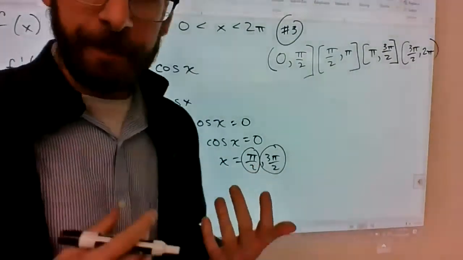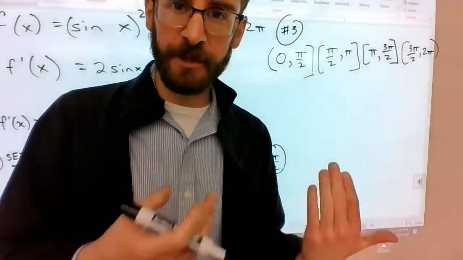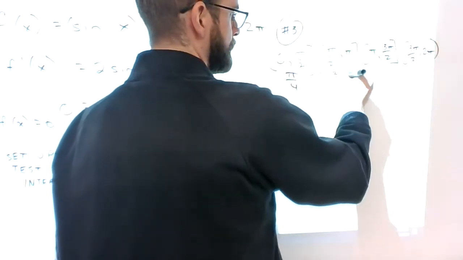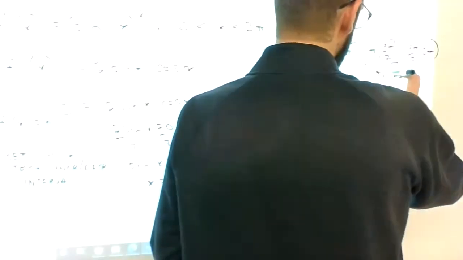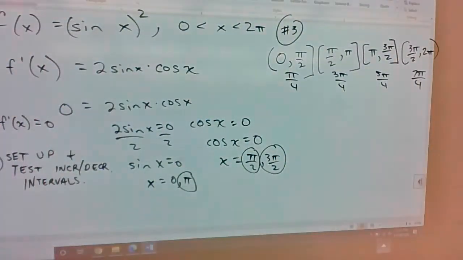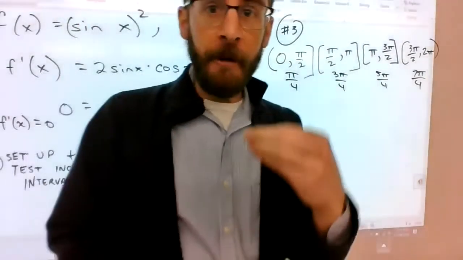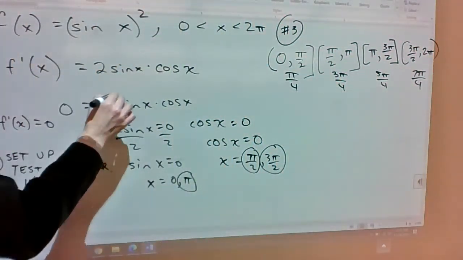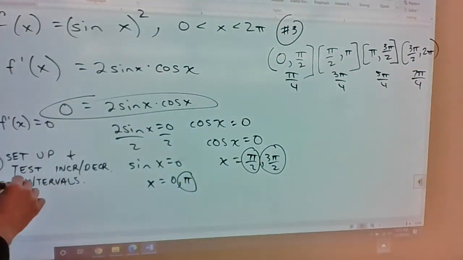Test a point. I'm just going to pick all the pi over 4 values that live between. Now, you're plugging into f prime. Okay? So f prime was this right here.